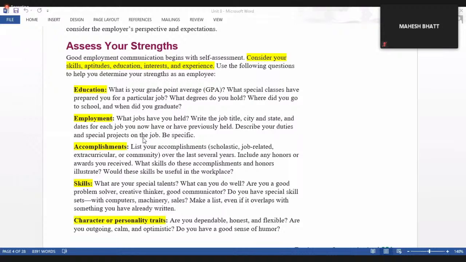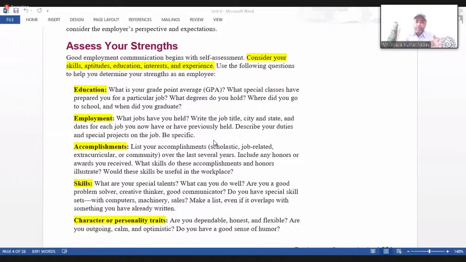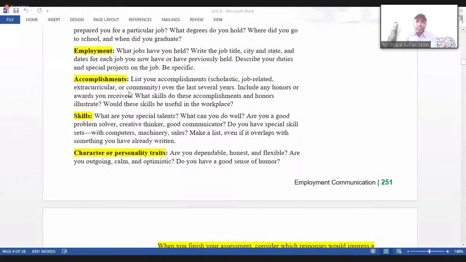Describe your duties and special projects on the job. Be specific. Whatever jobs you are doing and whatever jobs you have done, what kinds of duties you have carried out, you can mention in employment. Accomplishment, that is awards. List your accomplishments, scholastic, job related, extracurricular or community over the last several years.